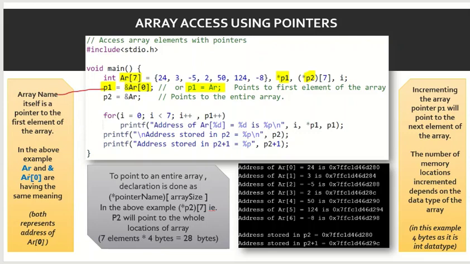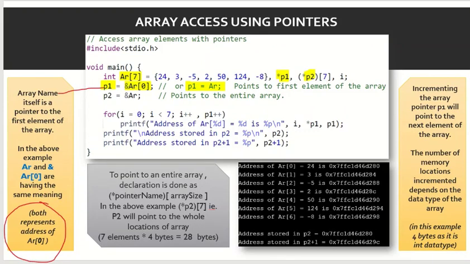In the example, AR and ampersand AR of 0 have the same meaning. Both represent the address of AR of 0. So initially it will point to the first element of the array.